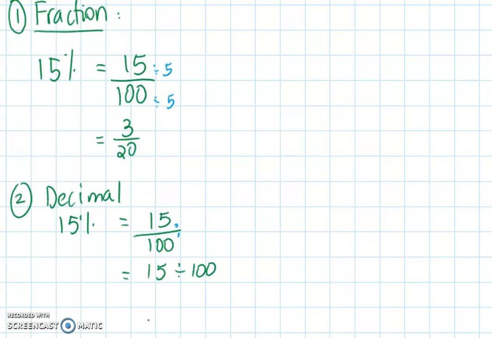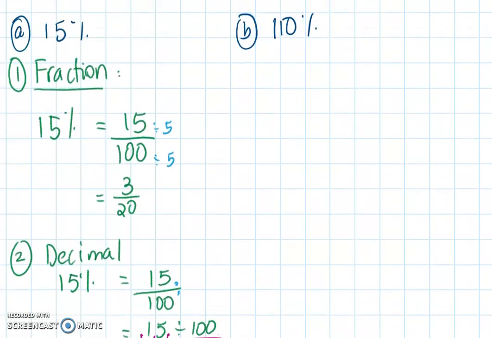And as we've learned, when we are dividing by a number that is a multiple of 10, 100 has got 2 zeros. When we're dividing, the decimal point which resides right at the end of a whole number moves left. 100 has got 2 zeros, so therefore this decimal point goes 2 places to the left, and we end up with 0.15.